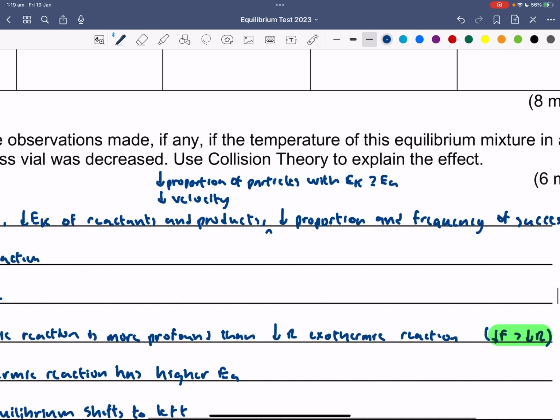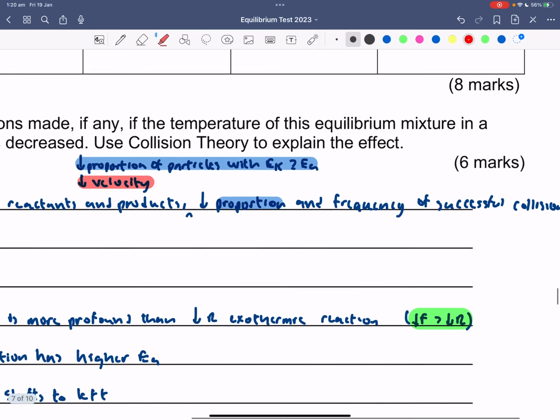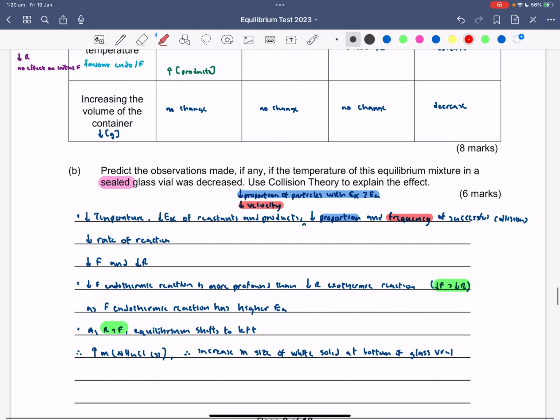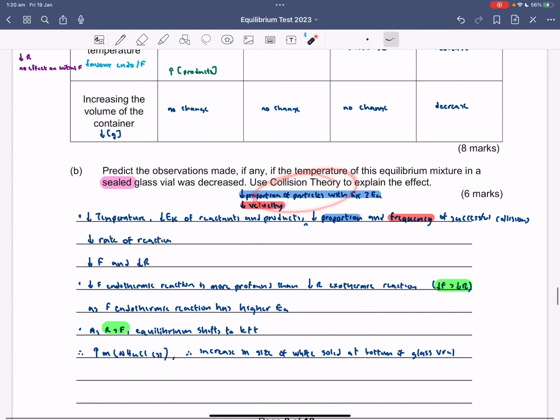Alrighty, we should really write that down. And remember that the decrease in proportion of particles is what causes a decrease in the proportion of successful collisions, whereas the decrease in the velocity of the particles is what causes a decrease in the frequency of successful collisions. So that's worth 2 marks.